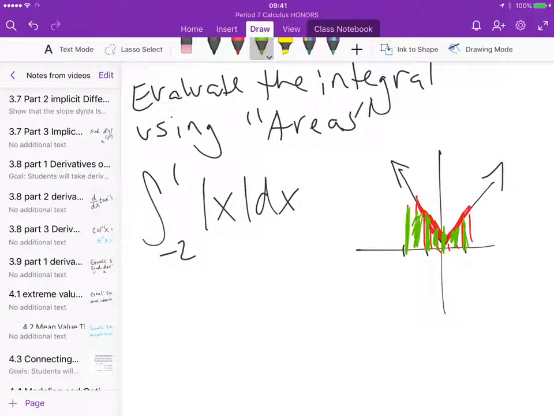Just like how we did before, find the area under the curve using our MRAM. We're going to use MRAM because I think midpoint will give us a little bit better approximation, if not an exact value here. So we have the integral from -2 to -1, the integral from -1 to 0, and the integral from 0 to 1.